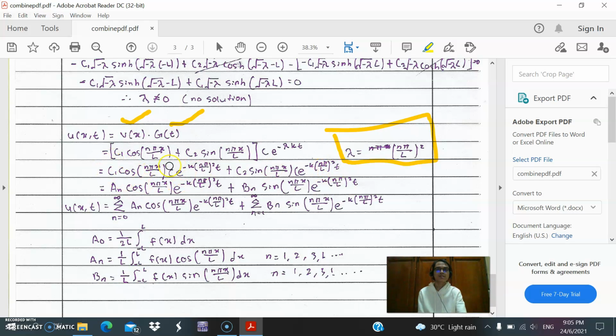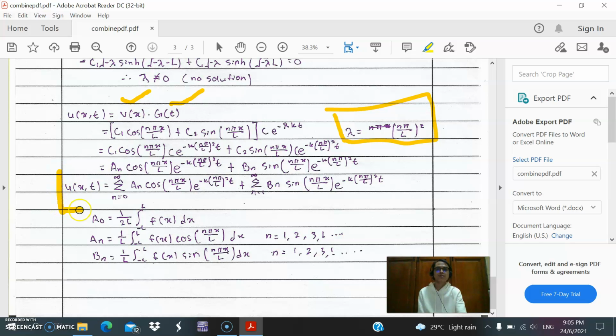So C and C we can make a constant with a n. So kita akan dapat a n cos n pi x over L e power of negative k n pi over L square t plus bn sin n pi x over L e power of negative k n pi over L square t.